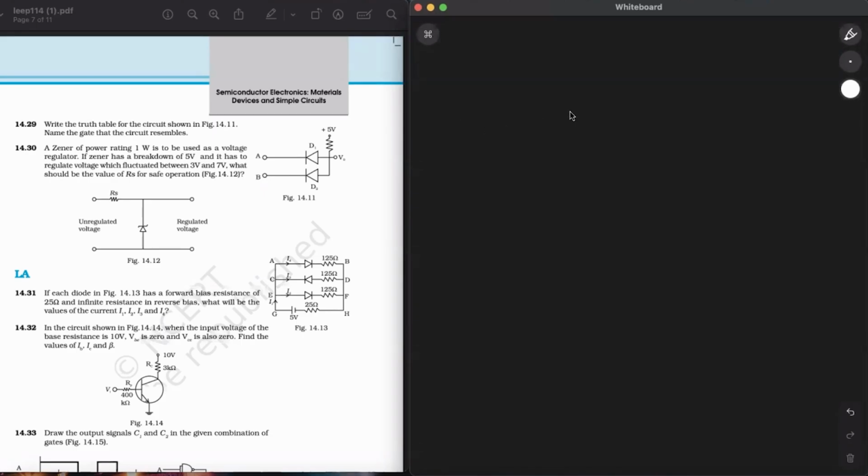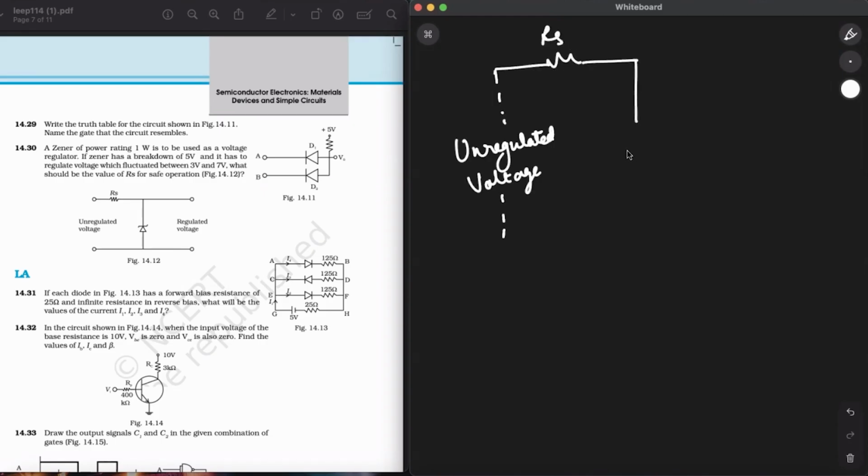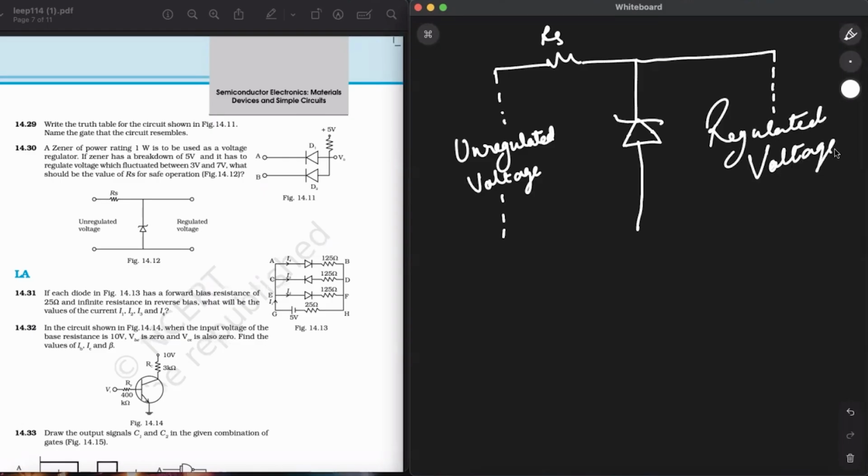Now we have the unregulated voltage on this side, then an RS coming down, a zener diode over here, moving forward, the regulated voltage over here.